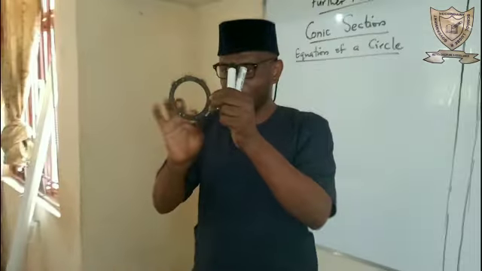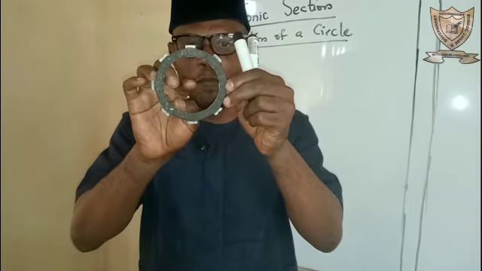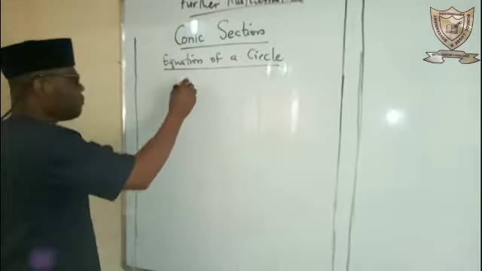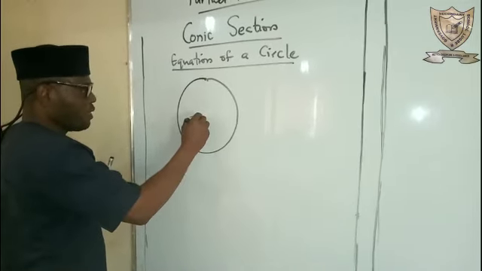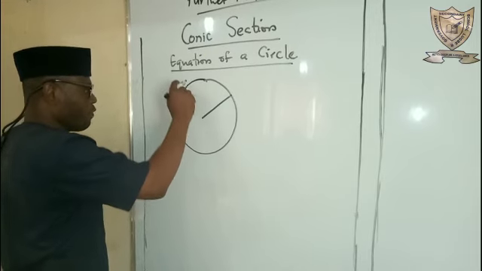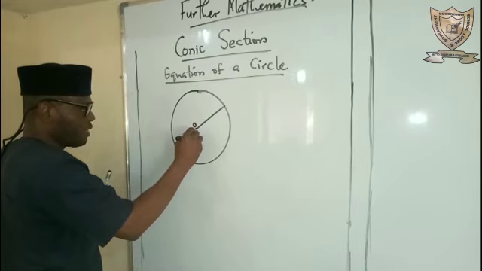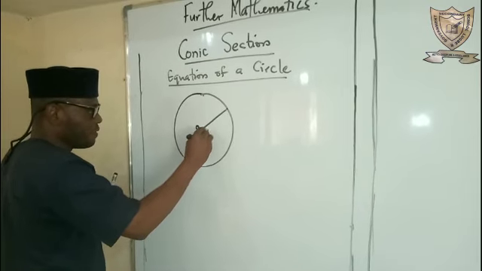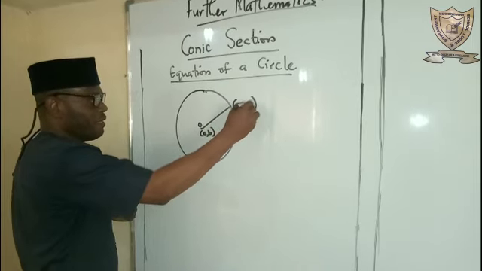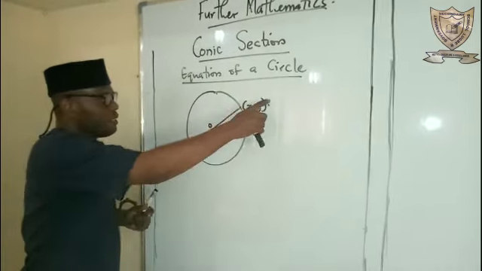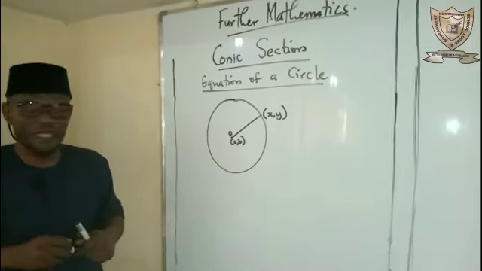This is a circle, the set of all points equidistant from a point, which is O, and we can represent it as AB. At any point, I can represent it as X, Y. That is one of the definitions of a circle.